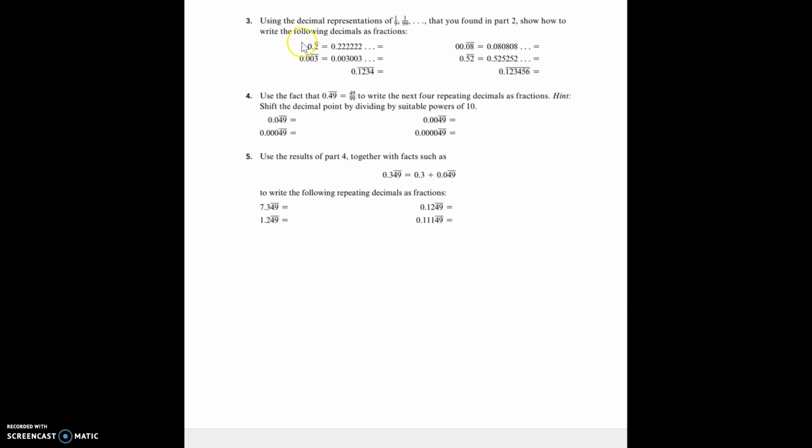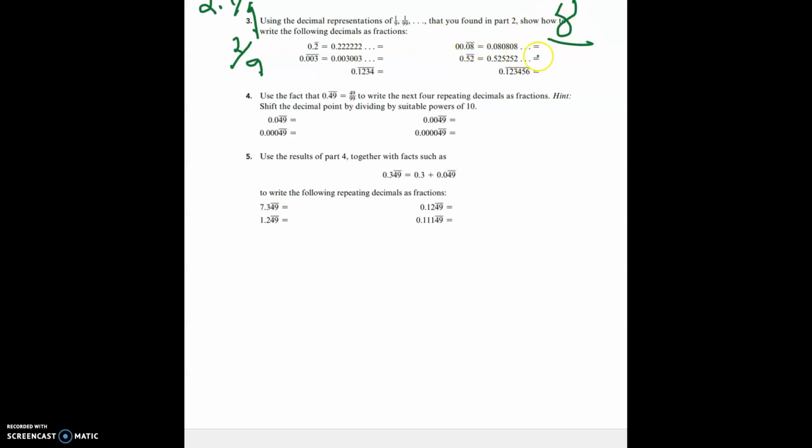Okay, so let's start with this first one. 2.2 repeating is 2 sets of 0.1 repeating. So that should be 2/9, because each 1/9 would give you the 0.1 repeating, and so we have 2 sets of them. So it kind of all goes back to unit fractions. So again, this should be 8.